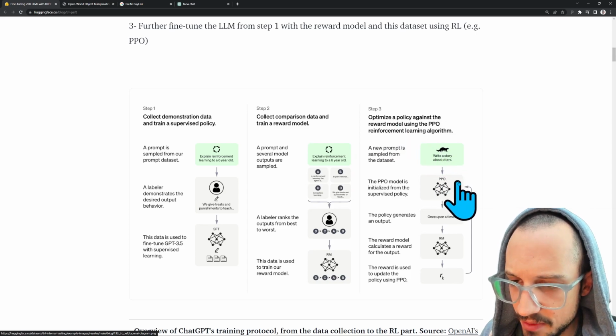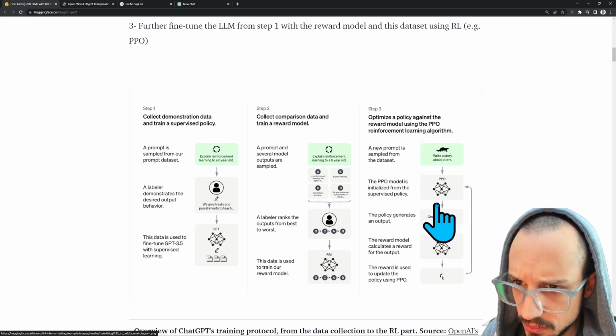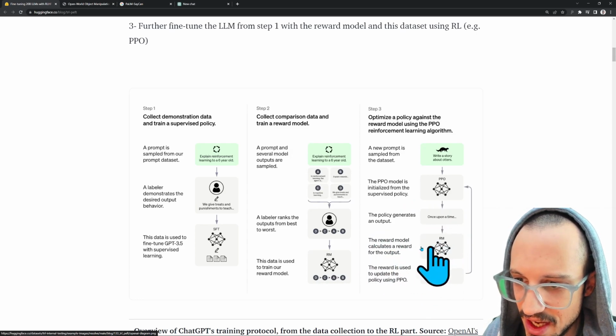Okay, so now that you have this value function, this reward model that they're talking about, you can create a new prompt, feed that prompt into the value function. The PPO model is initialized. The policy generates an output. The reward model calculates the output.